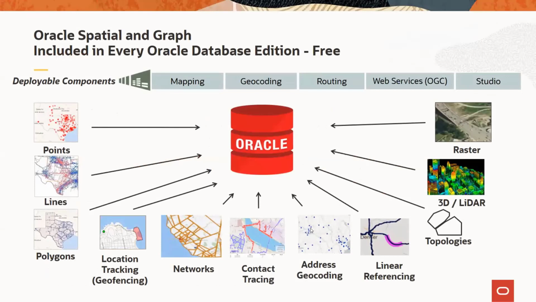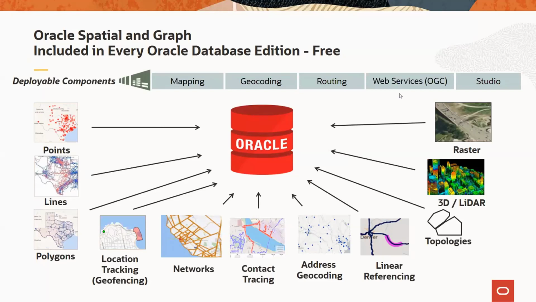This is just a little slide overview of Oracle Spatial and Graph. As I said, included in every Oracle database edition at no extra cost. And it's lots of functionality. You can store spatial data points, lines, polygons. You do location tracking, network analysis, geocoding, linear referencing, topologies, LiDAR data, 3D LiDAR data. We can store raster data. We've got deployable components for mapping, for geocoding, for routing.